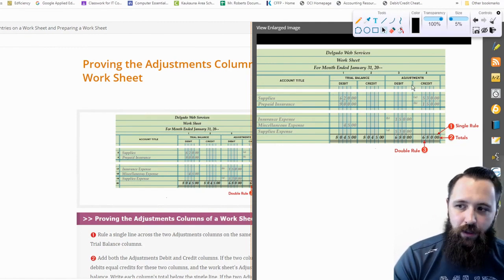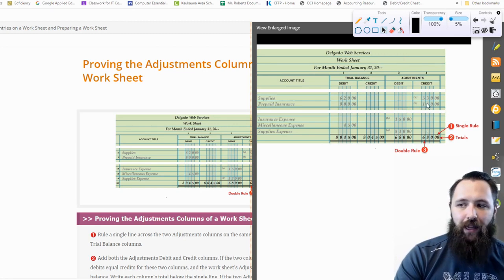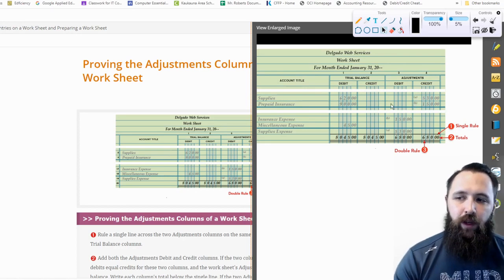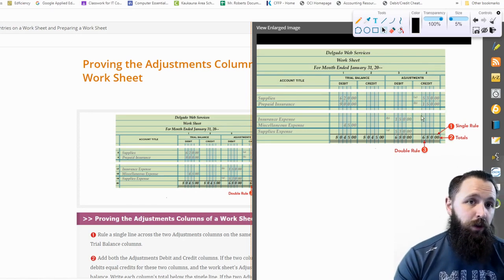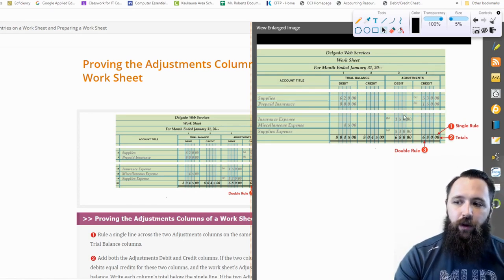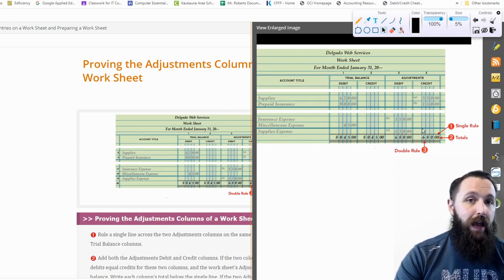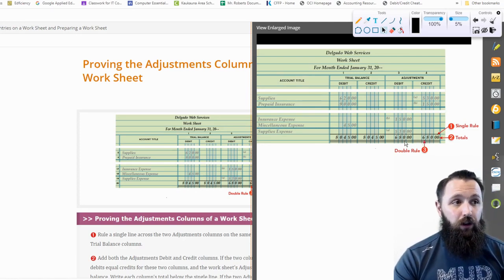That's where we're writing this. So the first step in 6-1, we went in the trial balance. Now we're in the adjustment column. And you can see that we wrote our adjustments here. You see that A is connected to A, B is connected to B. But at the end of this, our adjustments will fall under debits and credits, and we need to do the same thing that we did in 6-1. We need to draw the single rule line showing that we're going to add these numbers up. We need to add those numbers up, make sure that they match, and then write a double rule line underneath it.